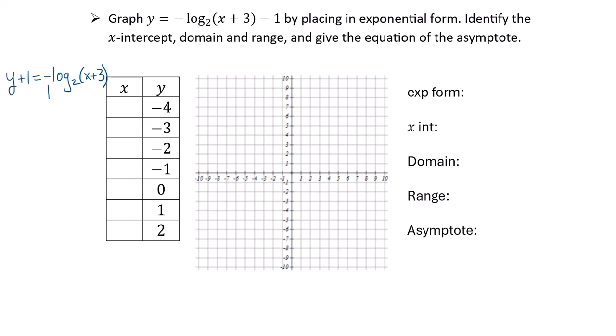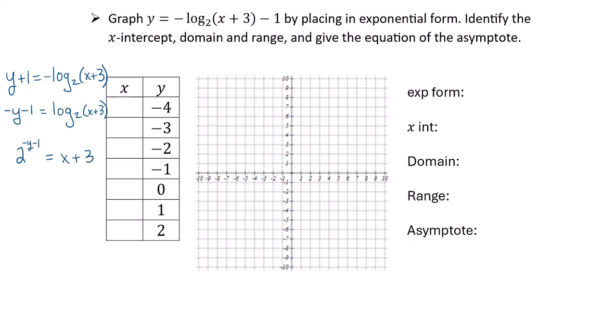Now, this negative in front is not part of the logarithmic expression. It's just a coefficient. So I need to multiply or divide both sides by -1. This gives me negative y minus 1 equals log base 2 of (x plus 3). Now I can go ahead and put this in exponential form of 2 to the (negative y minus 1) equals x plus 3.